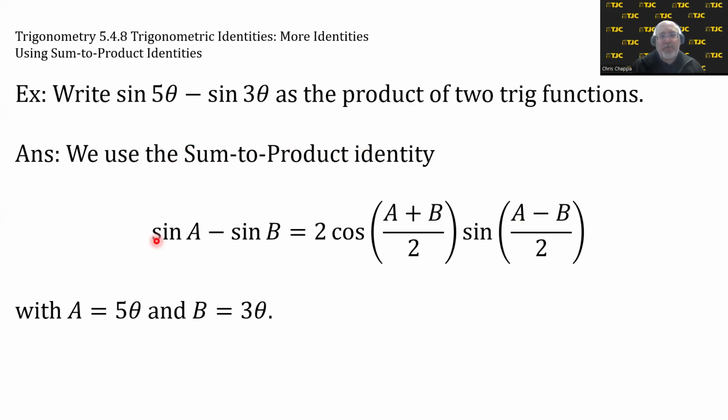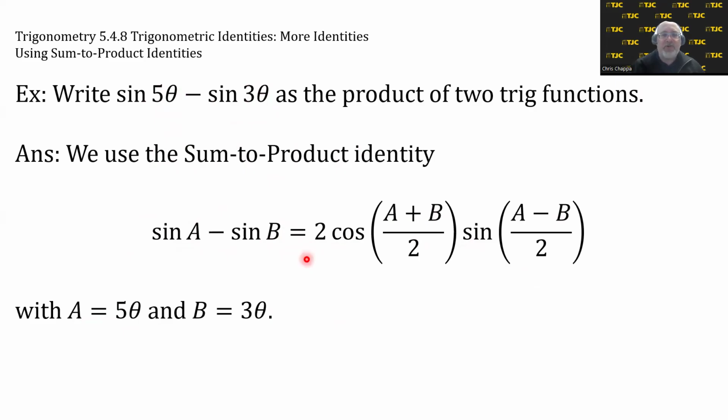But we'll use the sum to product identity of sine of A minus sine of B, since we're looking at the difference of two sines. And that's equal to 2 times cosine of (A plus B) over 2 times sine of (A minus B) over 2. We will let A equal 5 theta and B equal 3 theta, correlating the arguments of the sine functions.